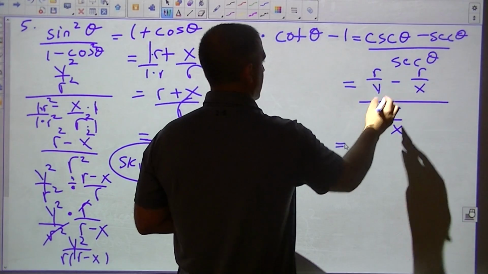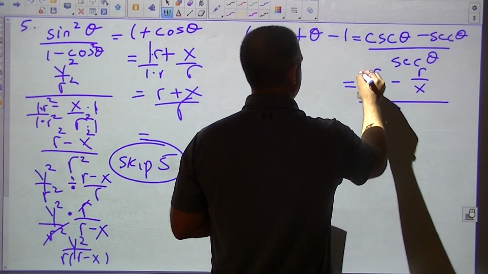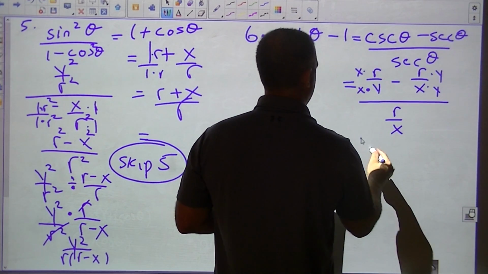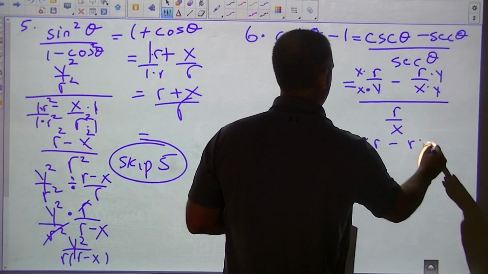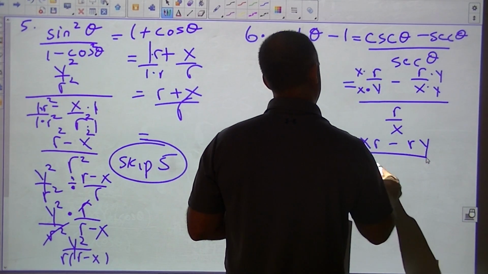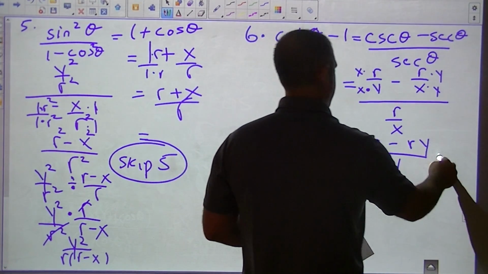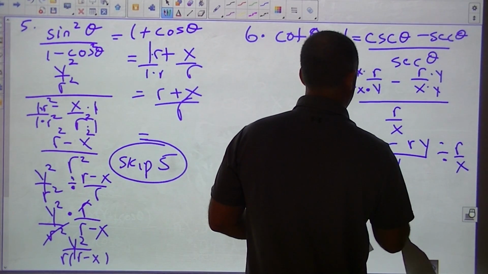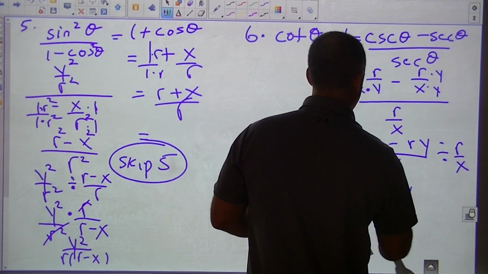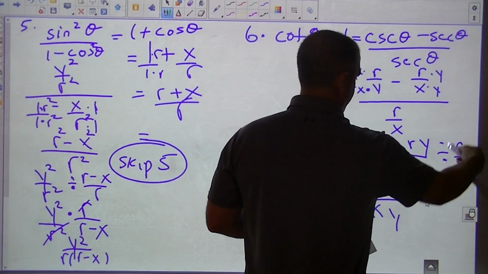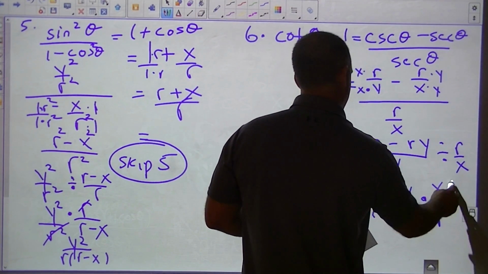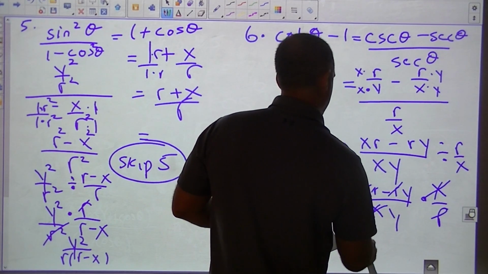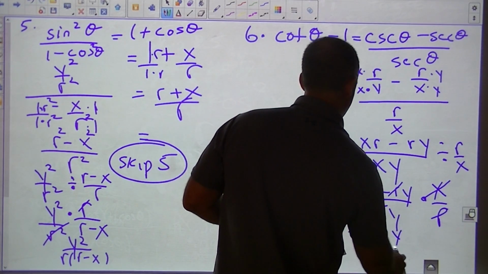Once again, this side's missing an x, this side's missing a y. So I got xr minus ry all over xy, divided by r over x. So xr minus ry over xy times, now that flips that fraction, so I can cross off the x's, and since both of these have r's, I can cross off the r, so what I'm left with is x minus y all over y.